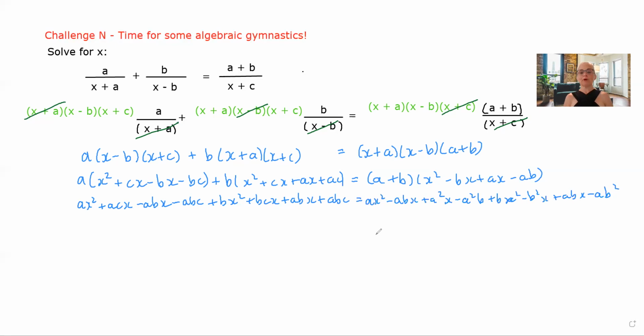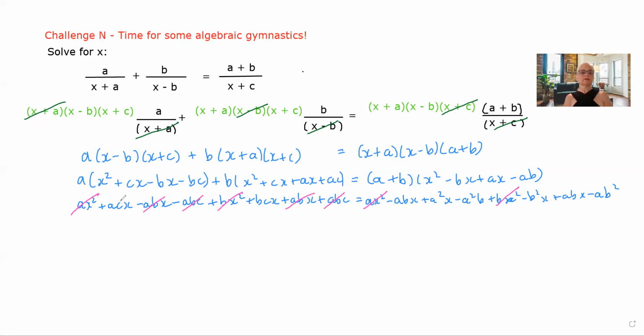Well, for starters, on both sides, we've got an ax squared, so they can go. On both sides, we've got a bx squared, so they can also go. What else do we have? Okay, here we've got a minus abc plus an abc. Here we've got a minus abx plus an abx, so that's going to go.